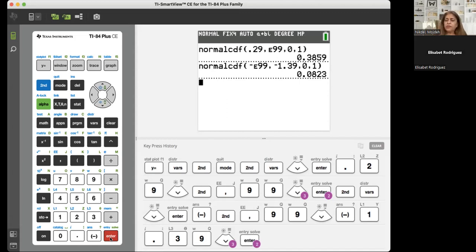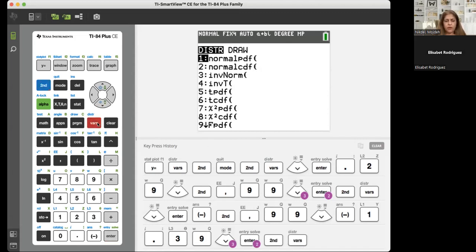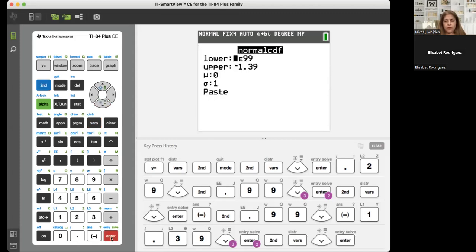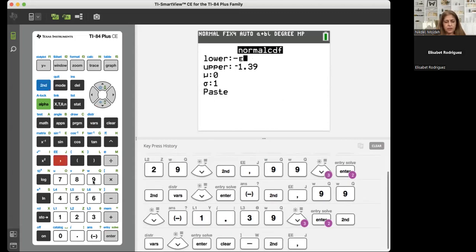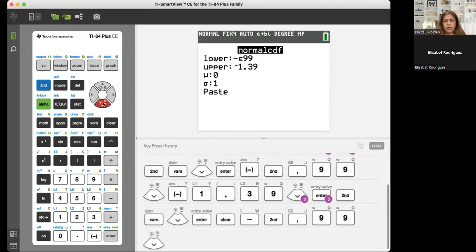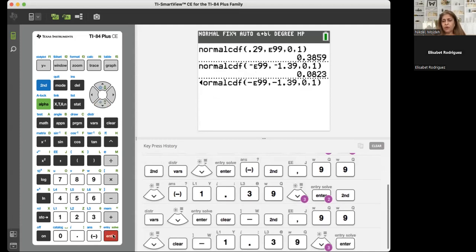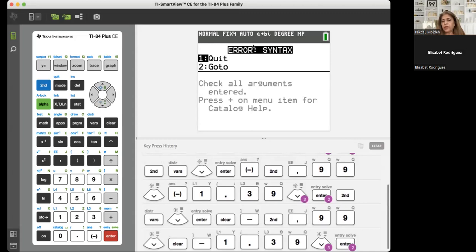Now, let me purposely use the minus sign instead of the negative sign. So you go to distribution, normal CDF. Let me clear this. I'm going to say minus E99. Then I go down, clear that one, and purposely write minus 1.39. If I go down, highlight paste, and press enter, I'm going to get an error message. Here it is, error. It says quit or go to.